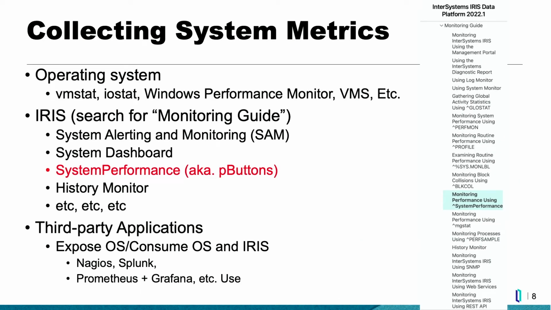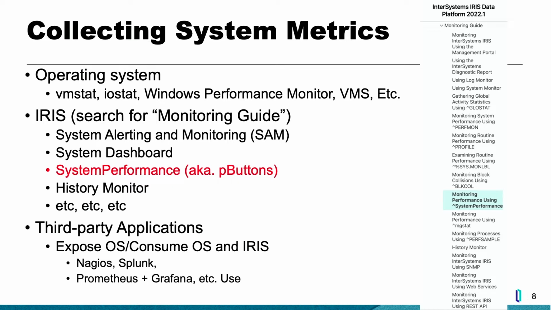What I'm going to look at mostly today, because I'm one step away, I'm not the customer, I don't have access to the customer's systems, so I use what used to be called pButtons. Now in IRIS it's called System Performance. How many people have run either pButtons or System Performance? Like most people. So it's a great tool for me because its original use was by the WRC.